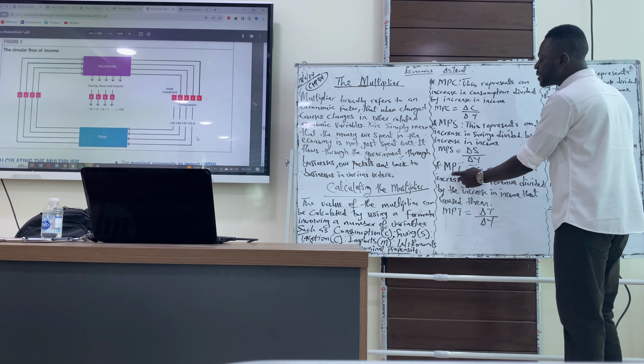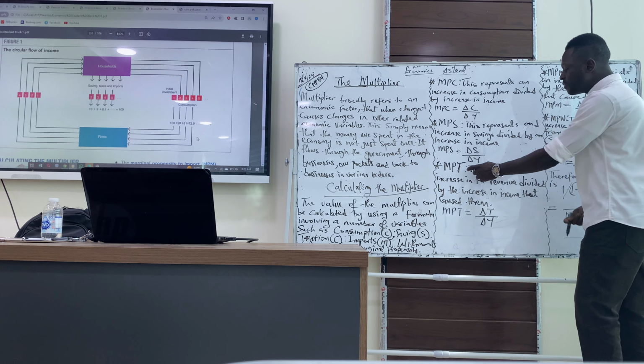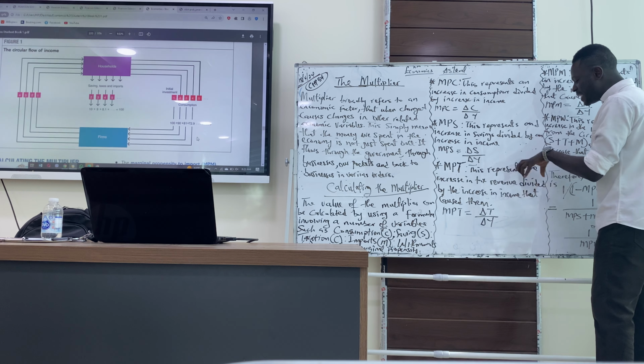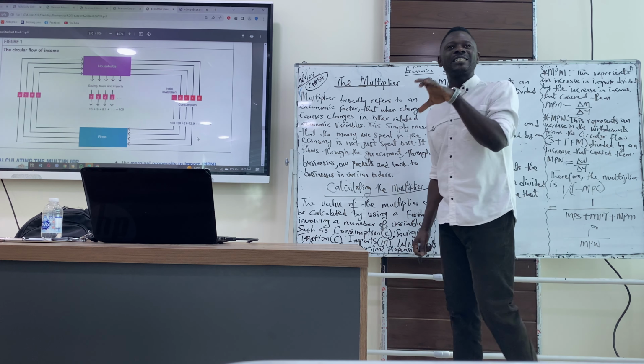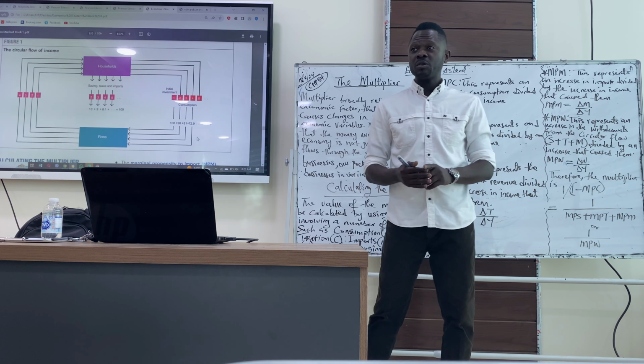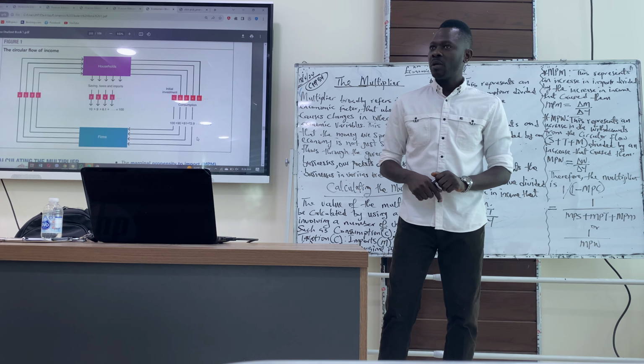Then we have the marginal propensity to tax. For marginal propensity to tax, I wrote this represents the increase in tax revenue divided by the increase in the income that brings about that change in tax. So if taxes have to change, it would have been as a result of a change in our level of income. Government might want to increase aggregate demand within the economy.